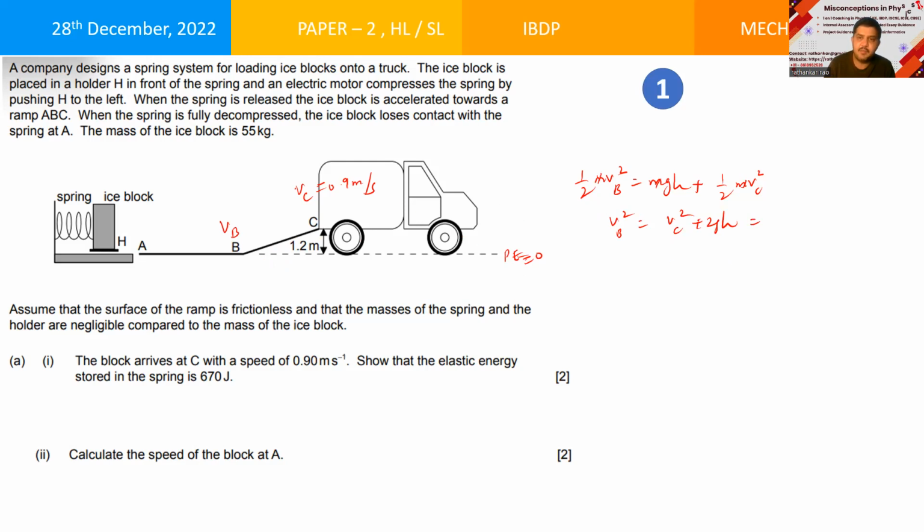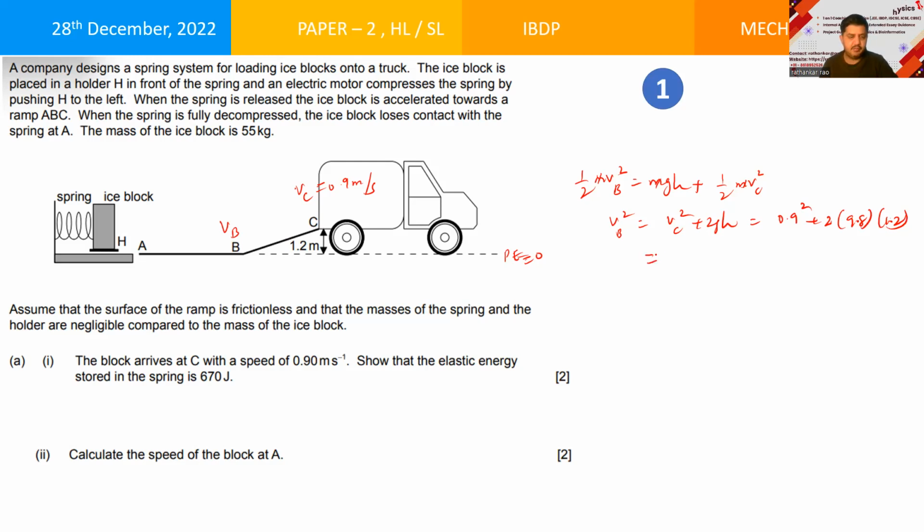Now let us find out what this value is. What is Vc? 0.9 square, plus 2 into g. Either I can take the value of g as 10 or 9.8. Let me take 9.8 for the time being, multiplied by h. What is h? 1.2. So now determine this value.